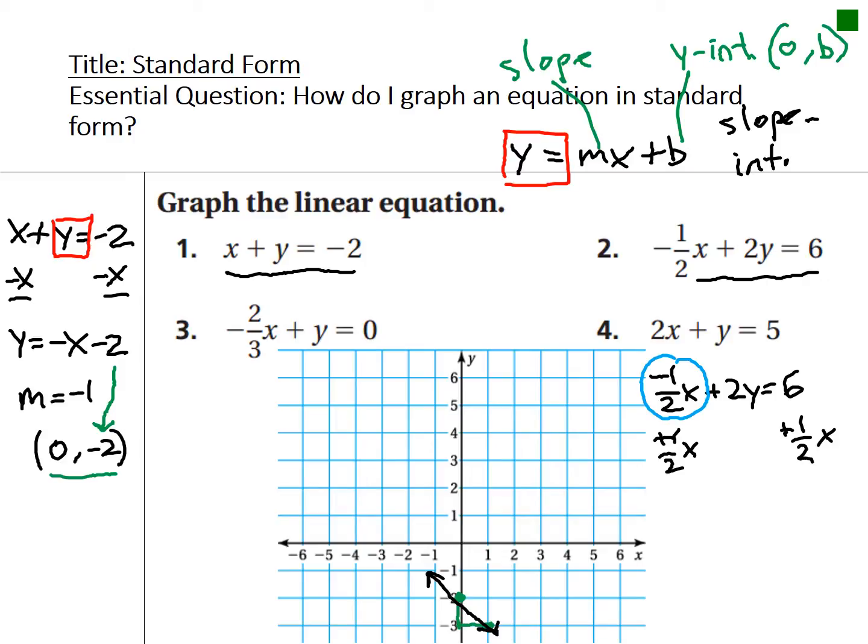So now the 2y was untouched on the left side, so it's 2y equals 1/2 x plus 6. But we want it to say y equals, not 2y equals, and so we're going to divide away that 2. Divide, divide, divide. And we have y equals 1/4 x plus 3.